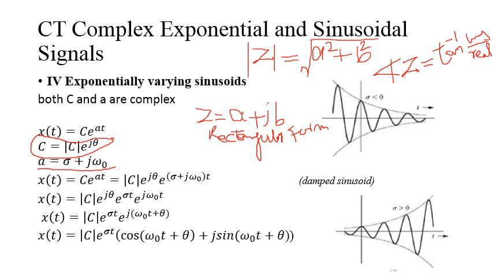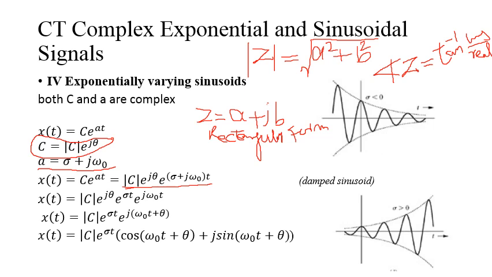Okay, so putting the value here we get this expression, right? So this is your C, magnitude of C, and then angle theta or phase of C, and then this is A, so A equals sigma plus j omega naught into t, right?